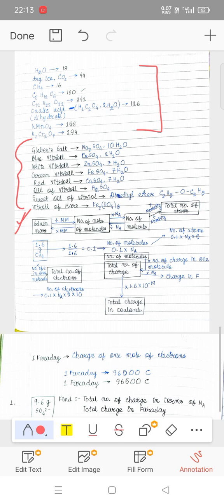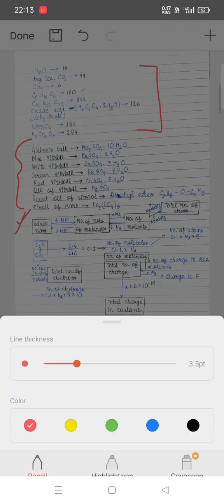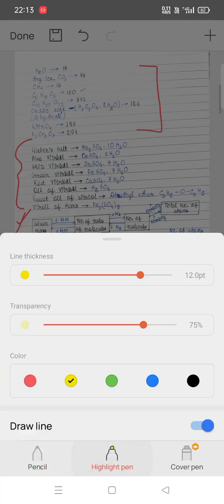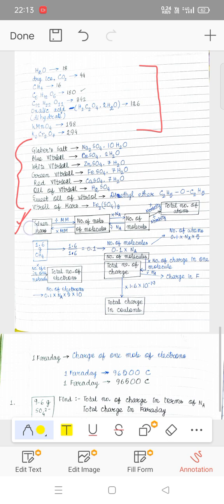The boxes which are given, you can see the boxes, and the formulas are given, and under that you can see that examples are also given.